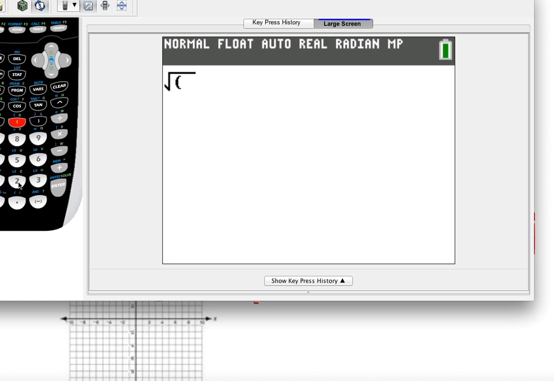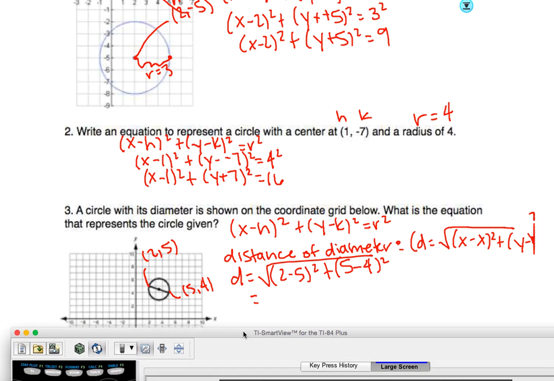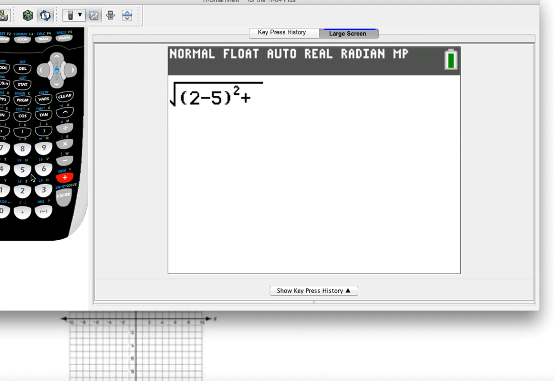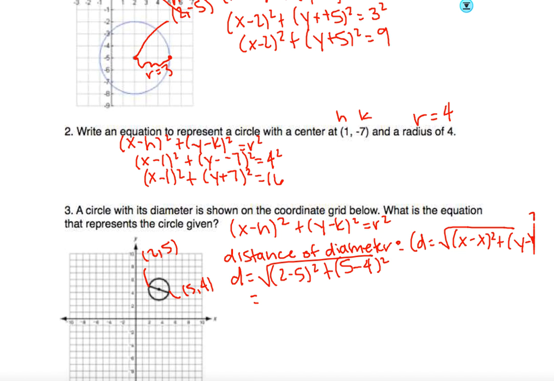Inside your parentheses, you're going to do 2 minus 5, close your parentheses, squared, plus 5 minus, parenthesis, 5 minus 4, close your parenthesis, squared. So that means your diameter is 3. If your diameter is 3, that means your radius is going to be equal to 1.5.